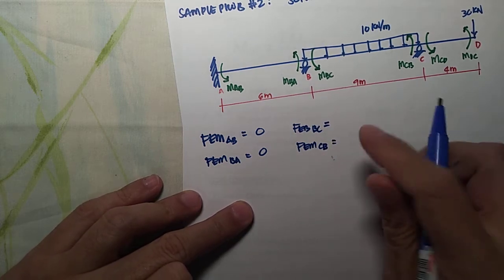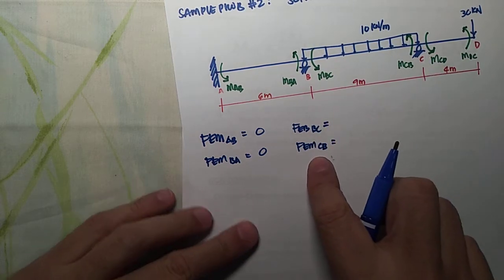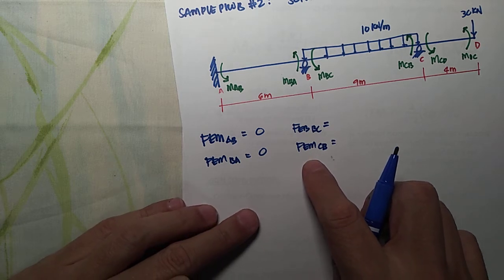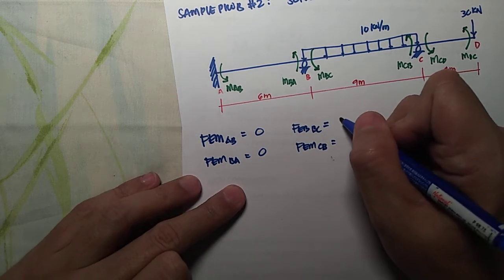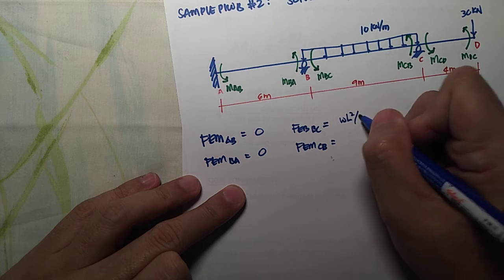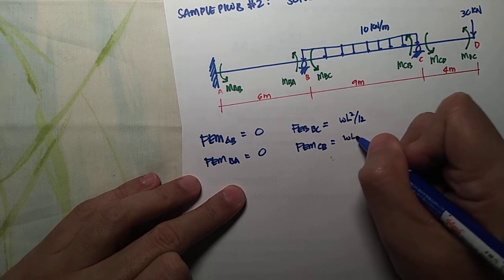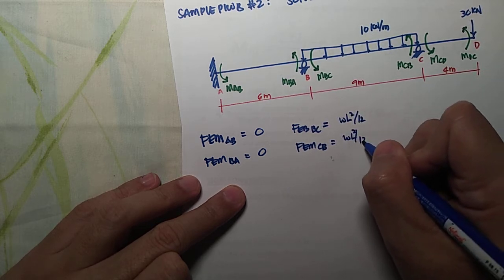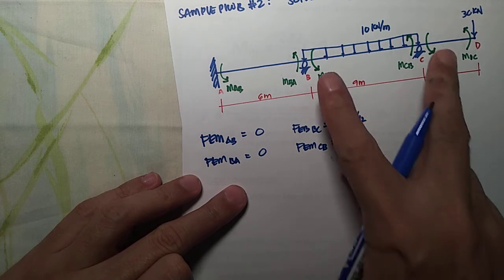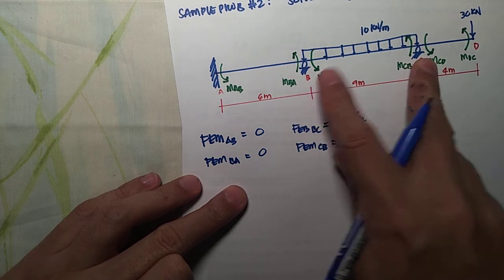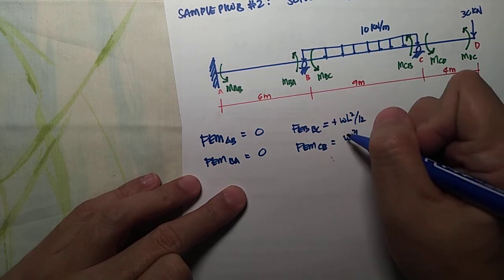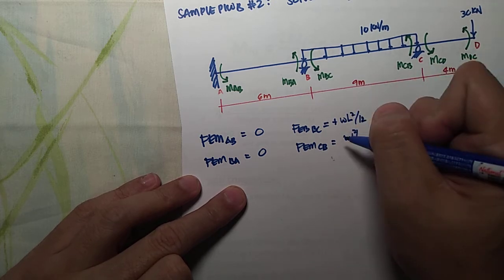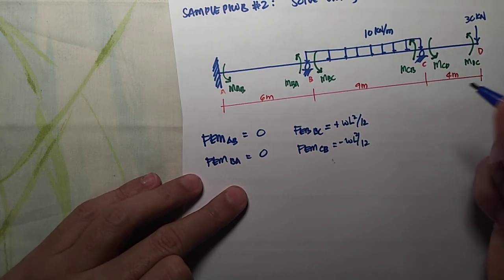we have derived this in my sample problem number 1, and we derived it as WL squared over 12. The fixed end moment on the left support would be counterclockwise, so that would be positive, and on the right side would be clockwise, so that would be negative.